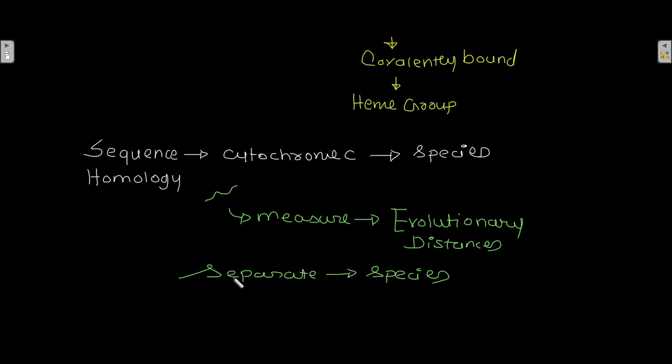Okay, one species is separated from the other species via evolutionary distances, which is measured by the sequence homology of cytochrome C. Okay, so that's the reason why cytochrome C is a very important molecule in the living organisms.